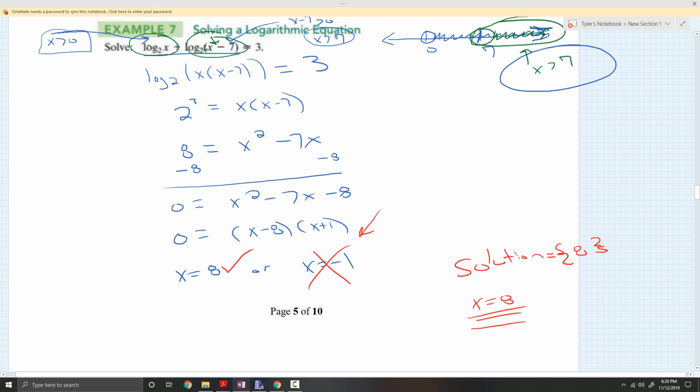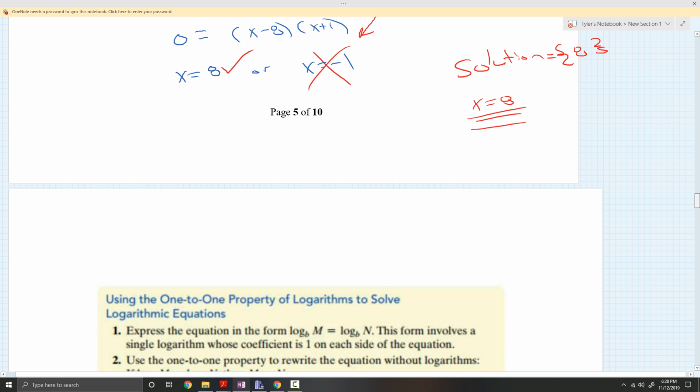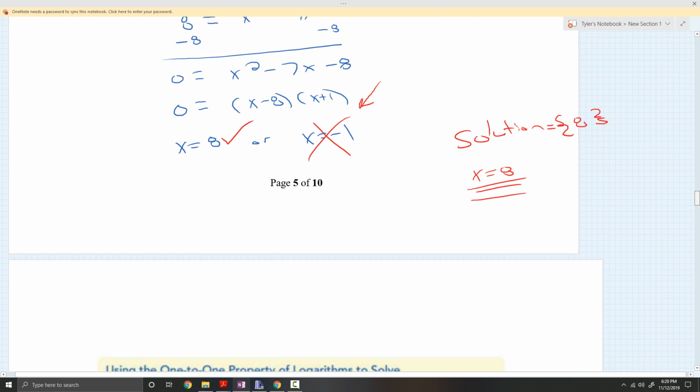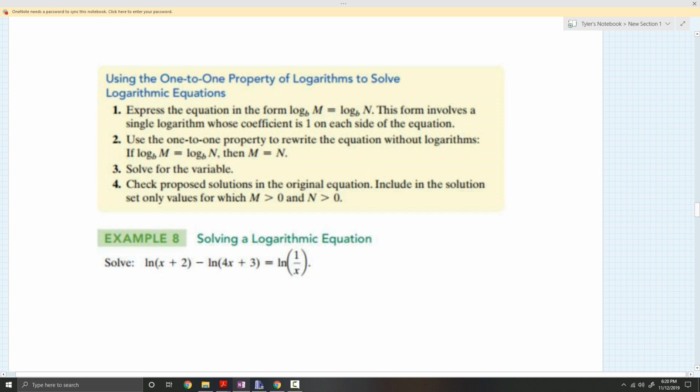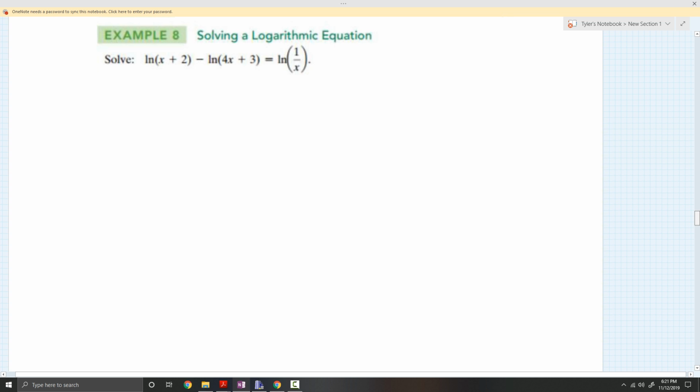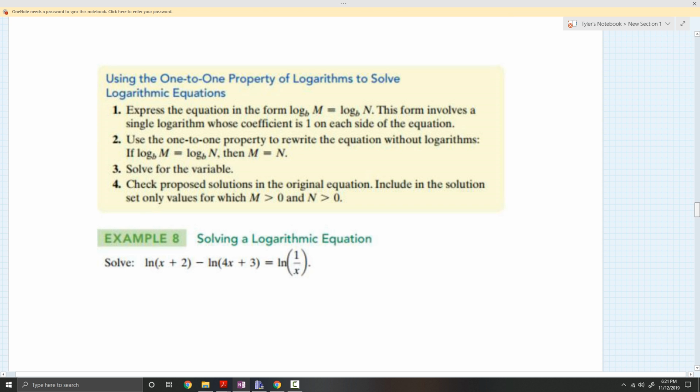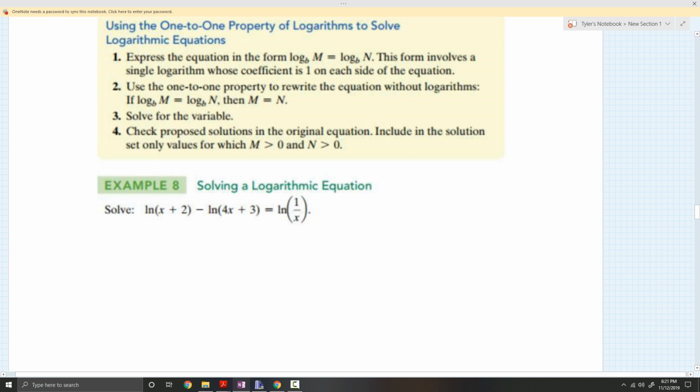It's an extra. It doesn't actually work for our equation. It's kind of like before, if we would get negative time or something, and you would throw that out. Same idea. It doesn't fit in our domain.